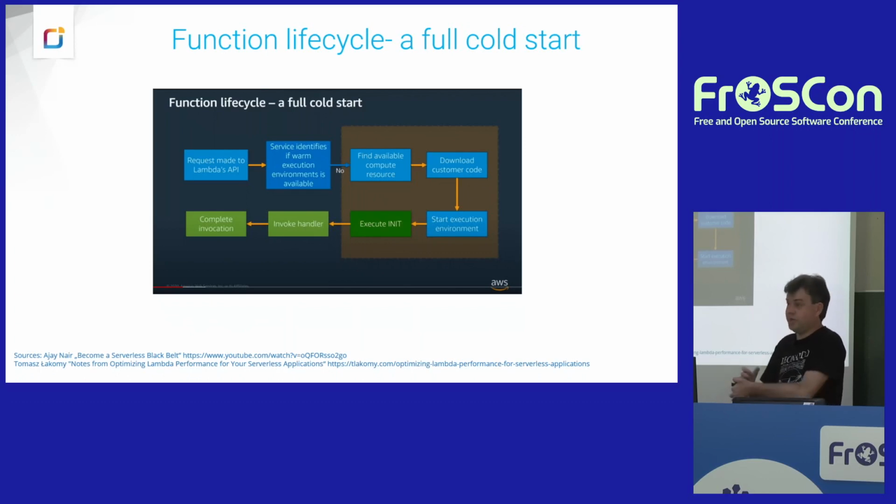If there is no free container or not enough, a container needs to be started, and then you have this cold start. Maybe code download, but also the JVM initialization step and the static logic that needs to be done once again, and it costs time. There is also one more thing: even if the container is warm and ready, AWS recycles it for security reasons. They don't publish how often.